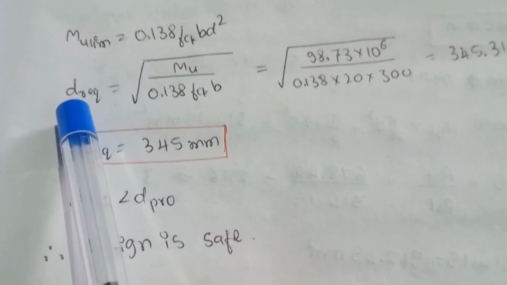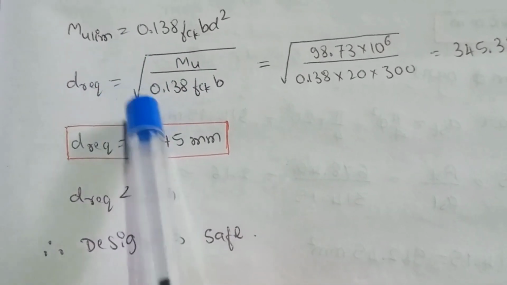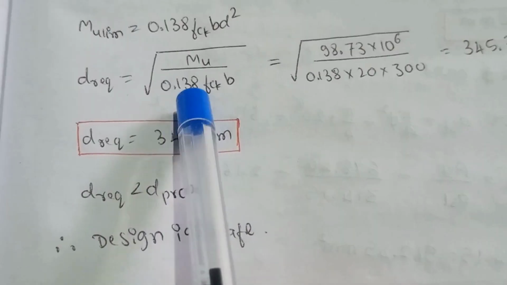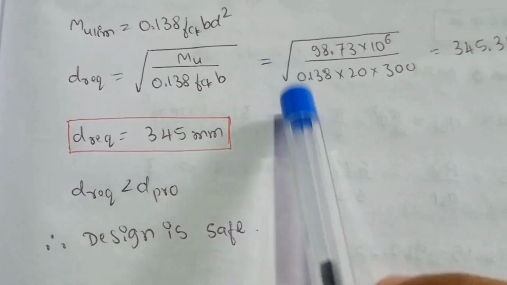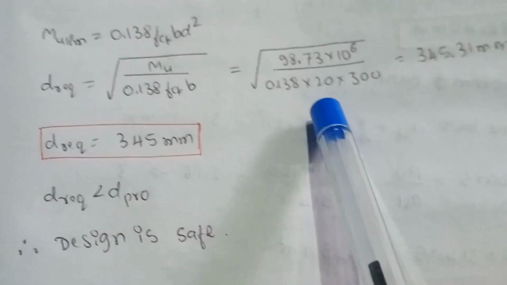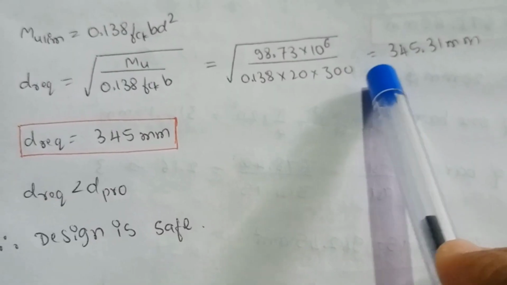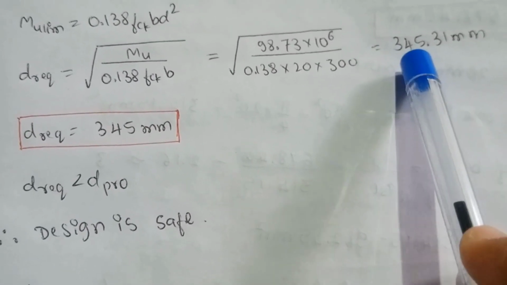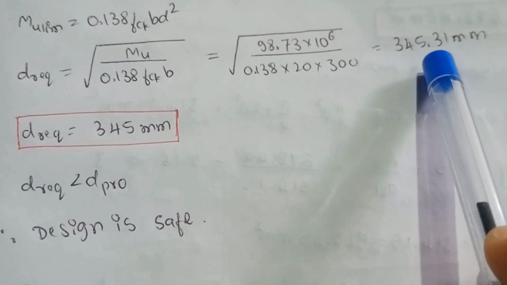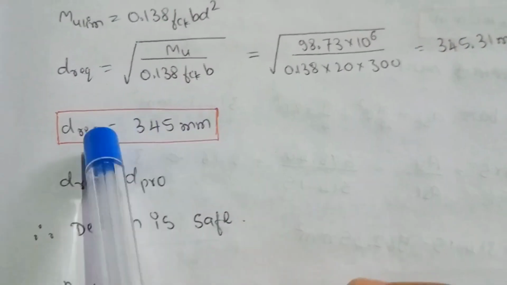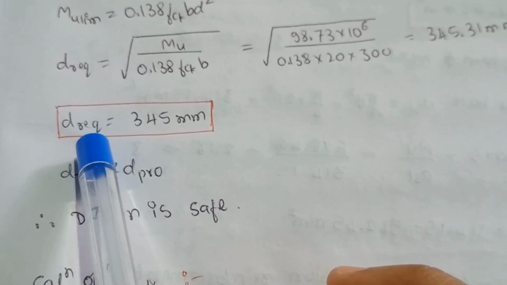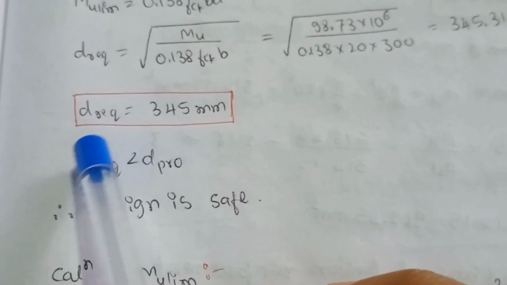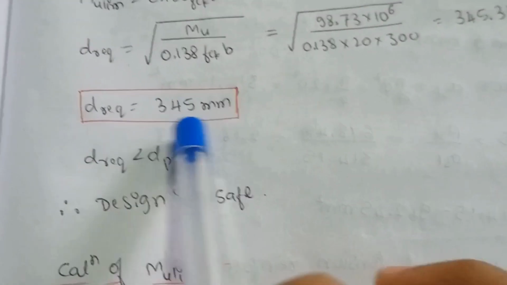I am taking it as d required. d required is equal to under root of Mu divided by 0.138 fck into b. Substitute all the values. Simplify this. We'll get 345.31 mm. So our d required is 345 mm.